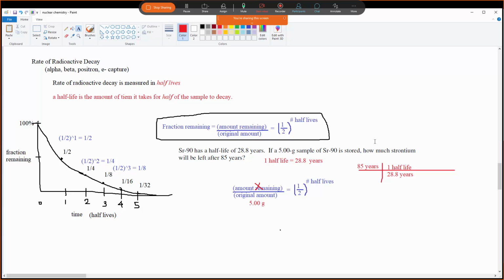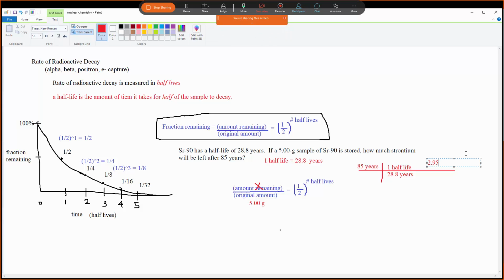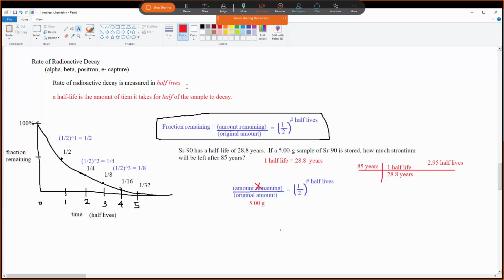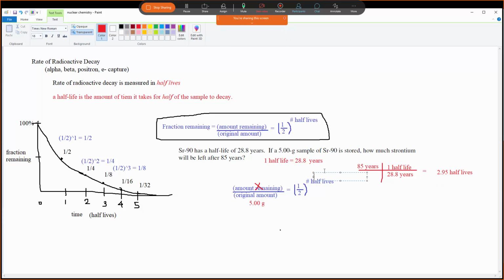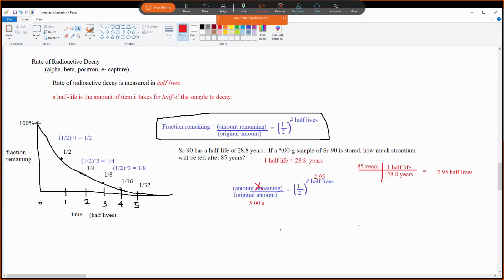That's the number of half-lives that have passed, okay? All right. Does that make sense? Everybody follow this math here? So we're gonna put 2.95 in that position.